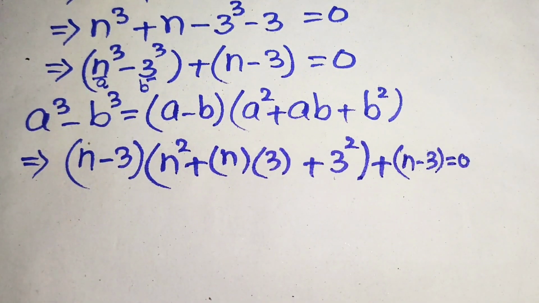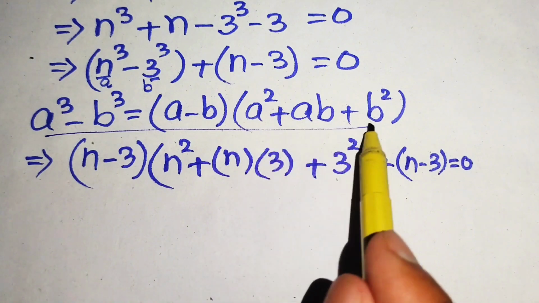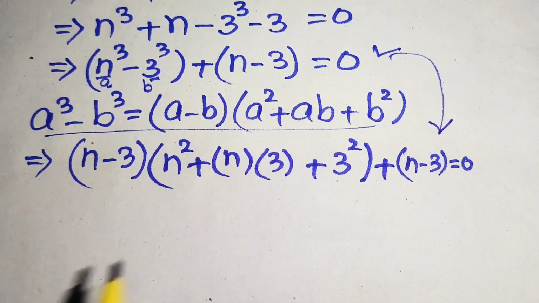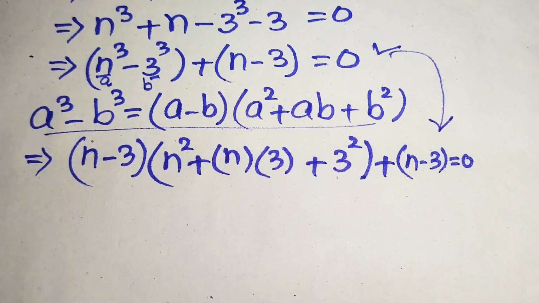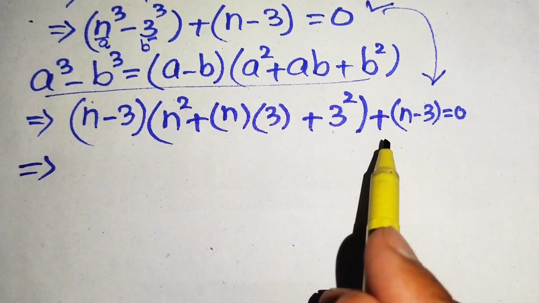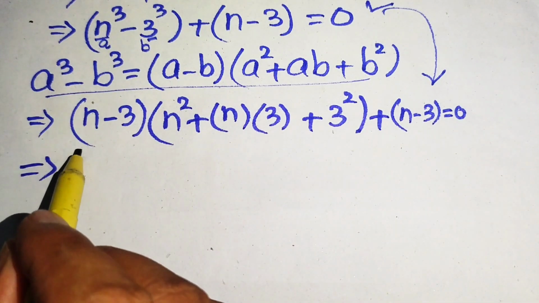In this step we just apply this cubic formula to this term and get its output in equation form. Now we need more simplification, and if you focus on each of these terms we see that n minus 3 is the common factor.